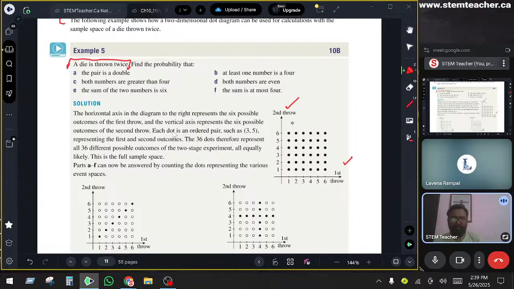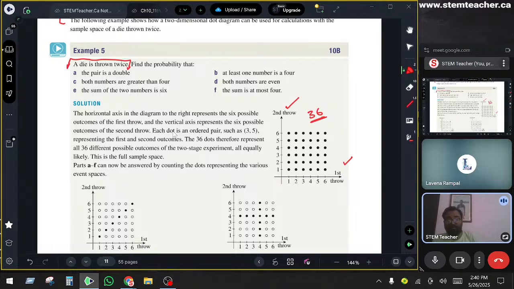How many total possible outcomes are there? There are 36. The first one is 1, then the next is 1, 2, 3, 4, 5, 6; the first one is 2, then 1 to 6; and so on. So a total of 36 possibilities. In our sample space, the elements are 36.